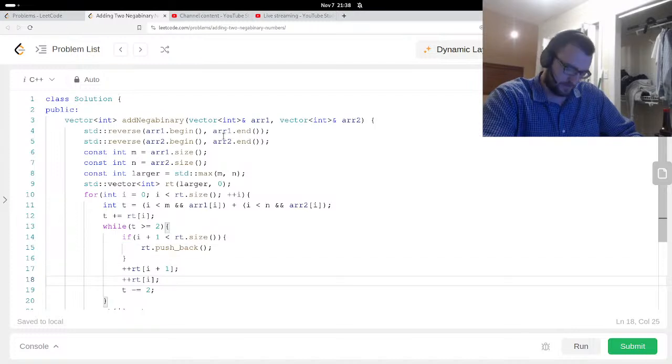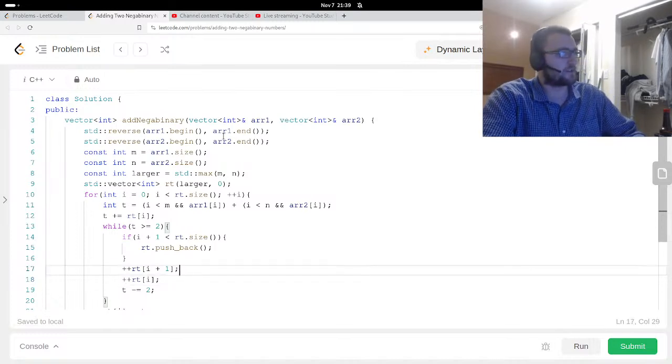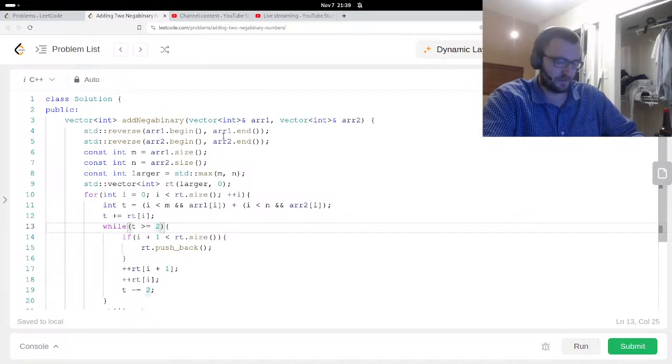This is actually okay. So each value of 2, going to turn these into negative 1s.